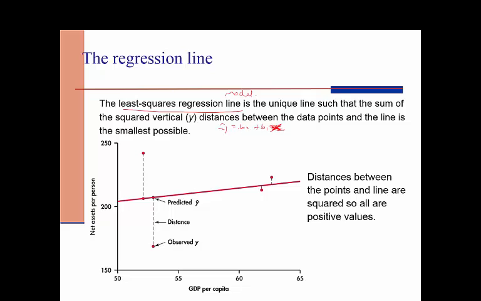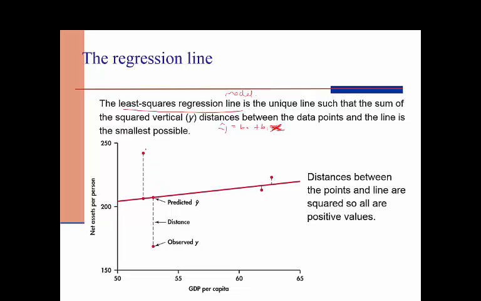Y predicted is based on a constant plus b1 times x. Right? And so to get that equation of the line, we use what's called the least squares regression line, where you try to fit a line through the data set that minimizes the gap between the data point and the point on the line. Right?